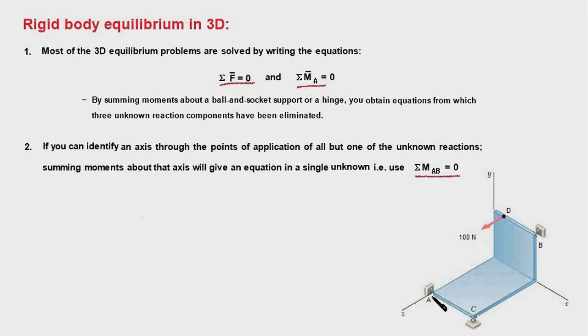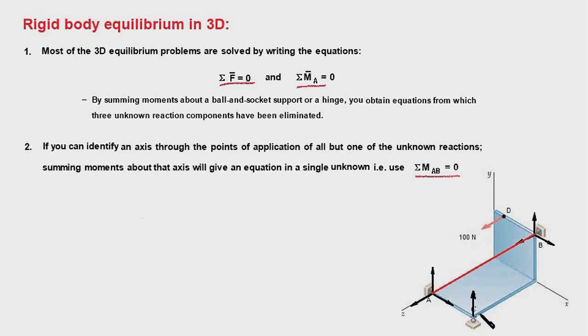But here, these are ball and socket joints. There would be three components of reaction forces pointing in x, y and z directions, and similarly there will be three force components acting here.